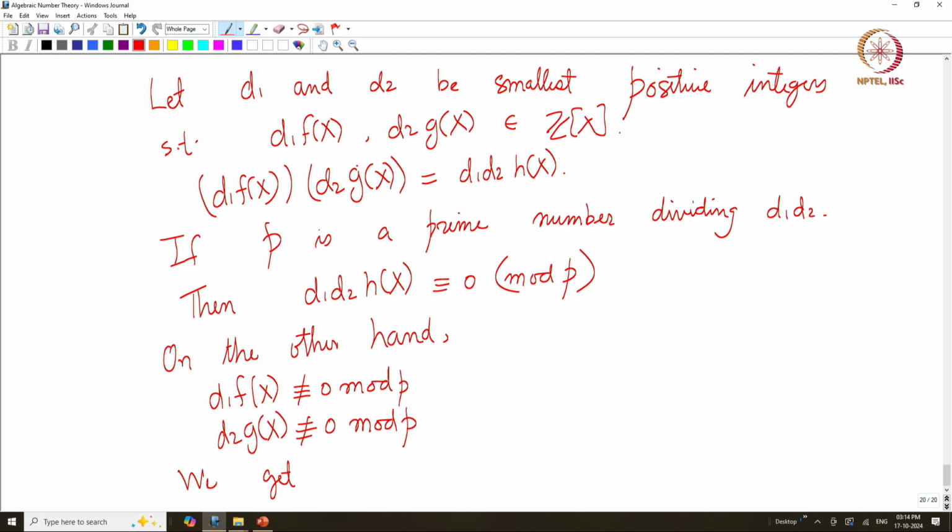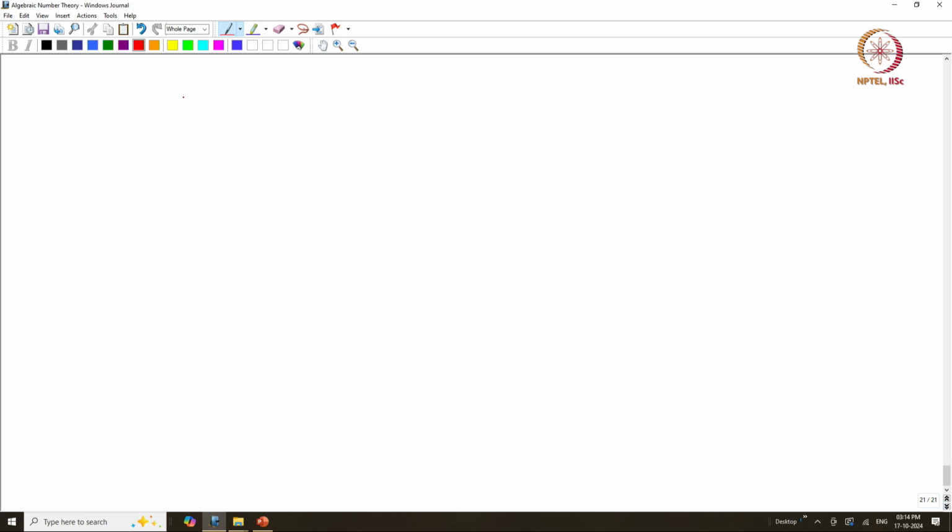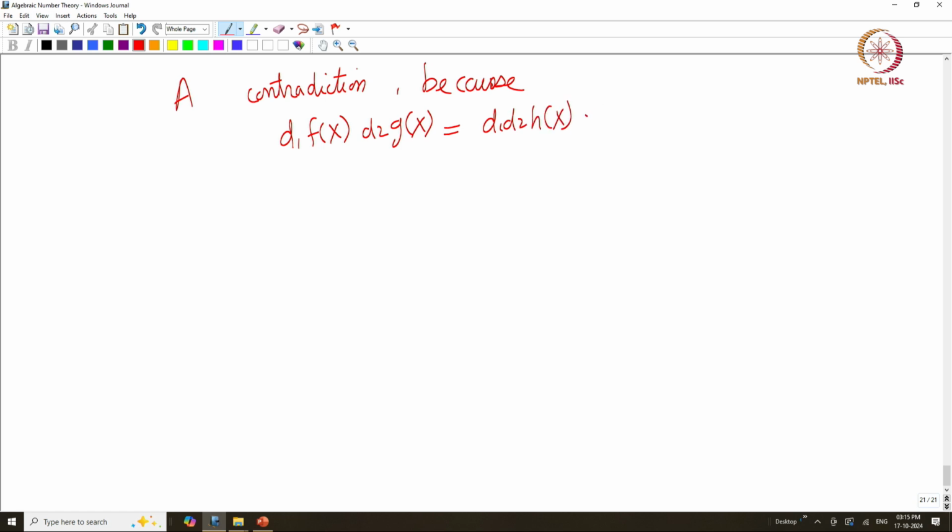Okay, and so we get d1 f of x times d2 g of x, right, mod p, you have a field. So, there are no zero divisors, right, but that is a contradiction. Because d1 f of x d2 g of x is equal to d1 d2 h of x, which is congruent to 0 mod p. Okay.